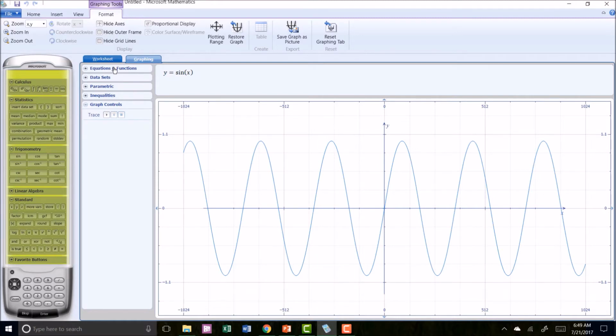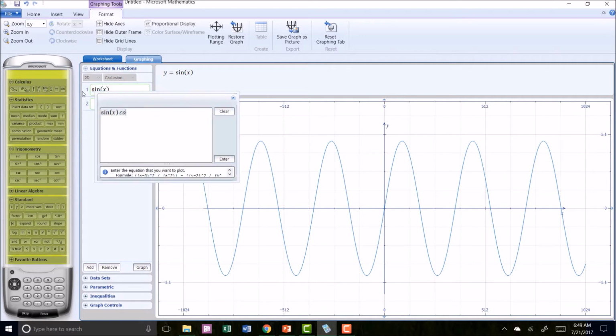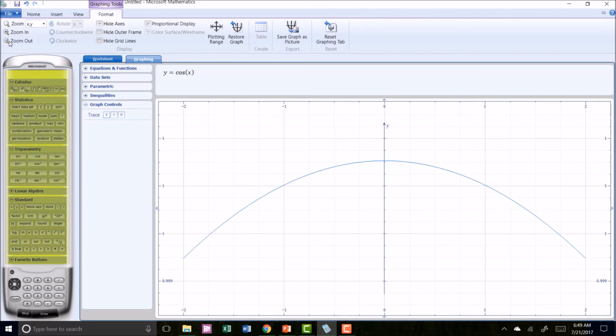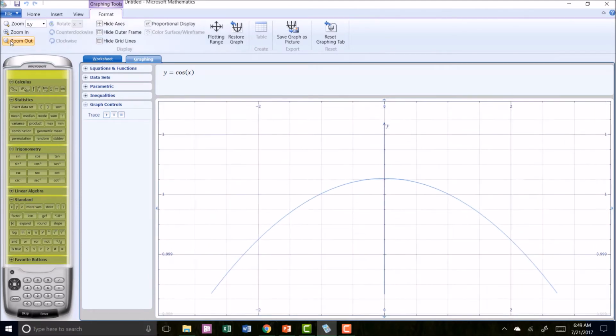Now let's look at the cosine function. Go back in here and change that to cosine of x. Enter, and then graph. Okay, we need to expand back out again.